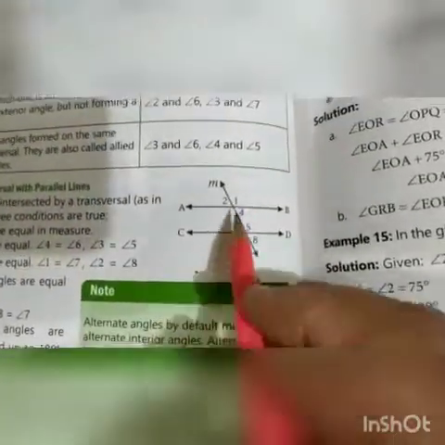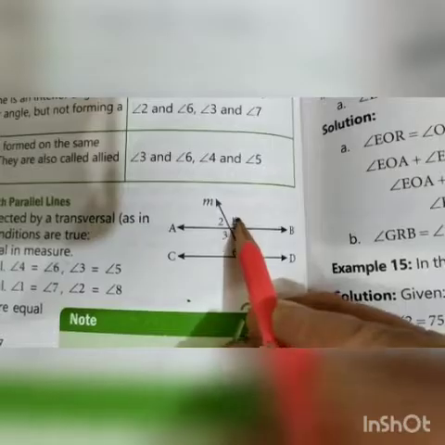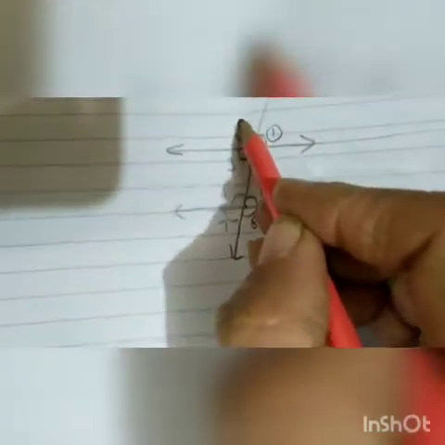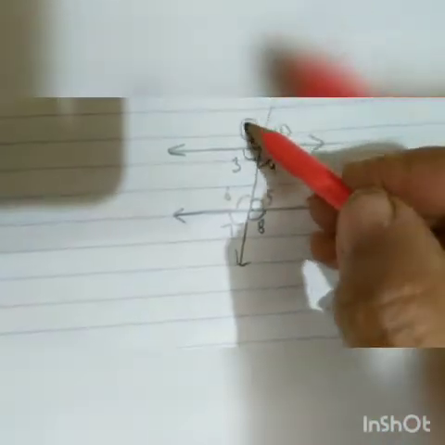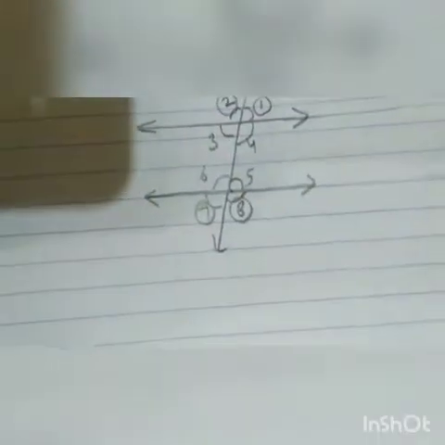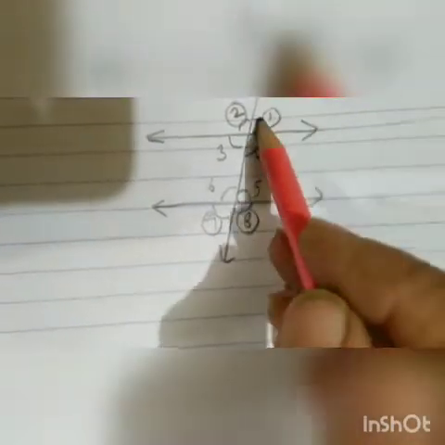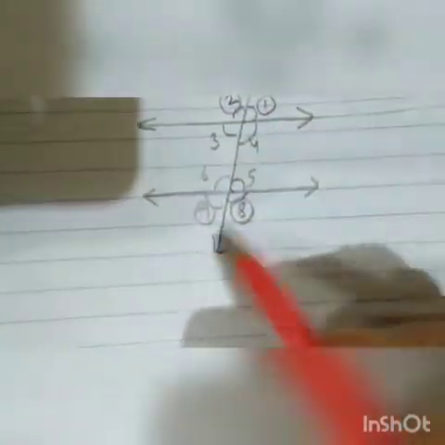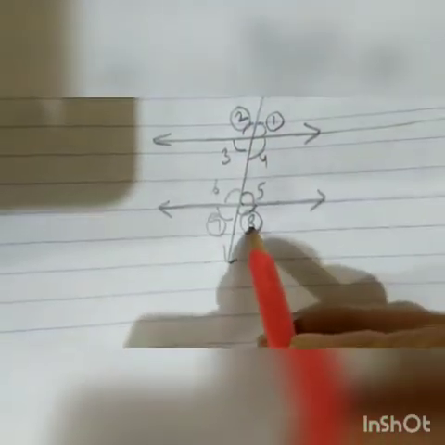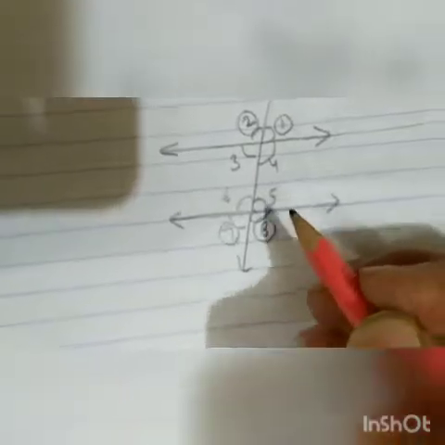What are alternate angles? Among 8 angles, see students, this angle 1, angle 2, this angle 7 and this angle 8. These 4 angles are outside, upper side and lower side. So these 4 angles are known as exterior angles.